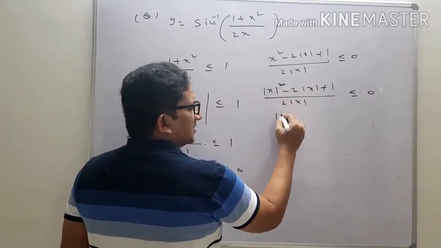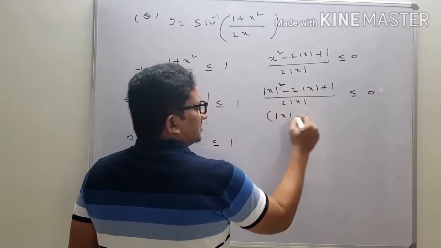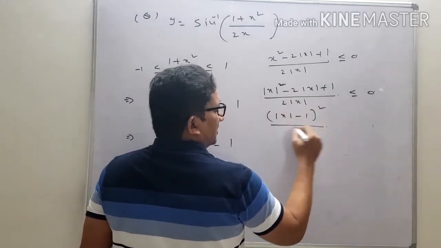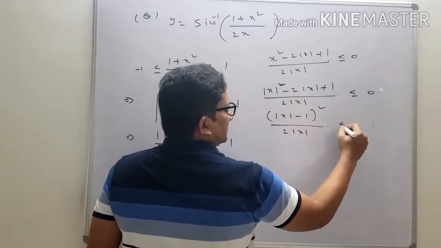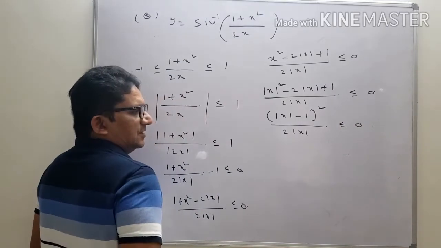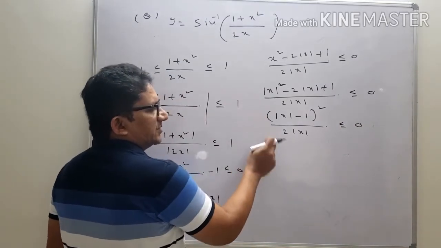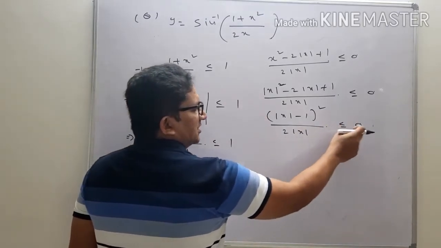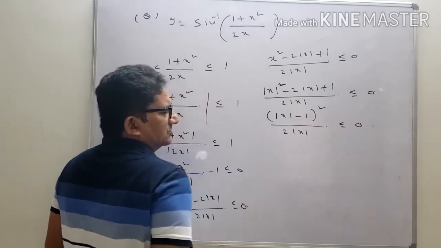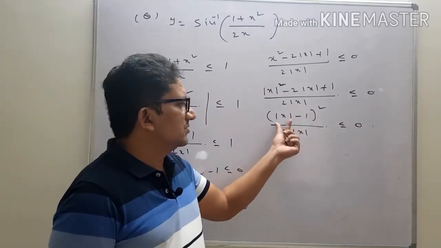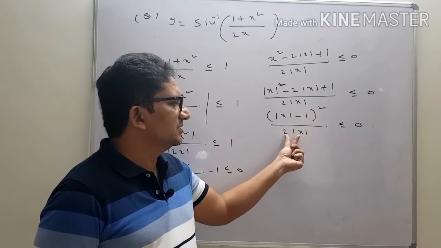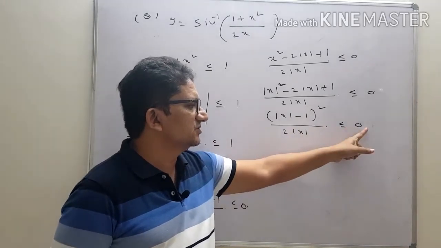The numerator can be written as modulus of x minus 1 whole square, divided by 2 modulus of x, less than or equal to 0. Now we have a rational format, p by q less than or equal to 0.